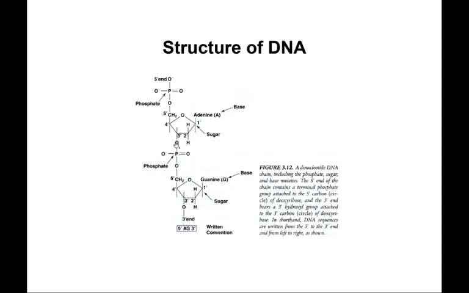That's the reason we always say the direction of the DNA is from 5' to 3', because when we elongate DNA, the added nucleotide has to be added onto the 3' end.